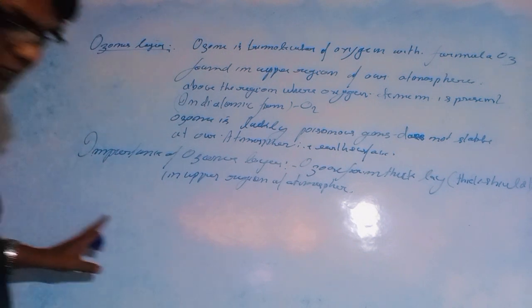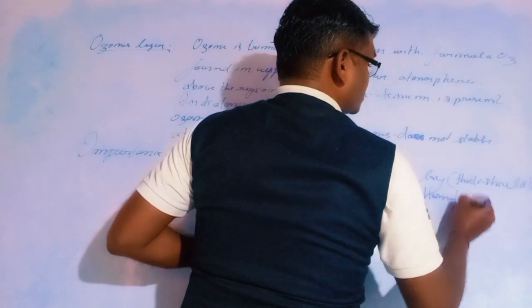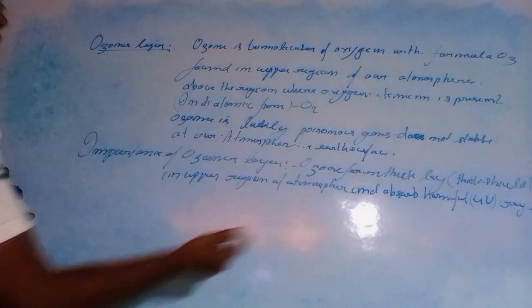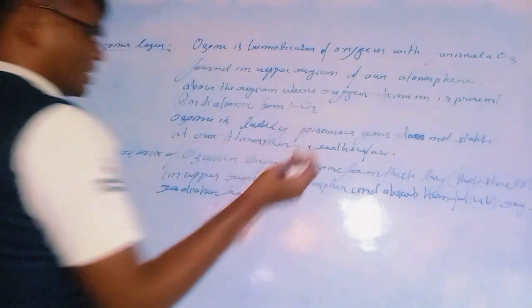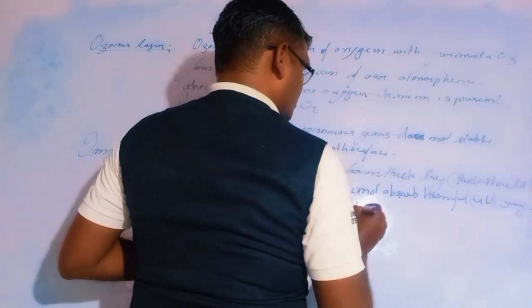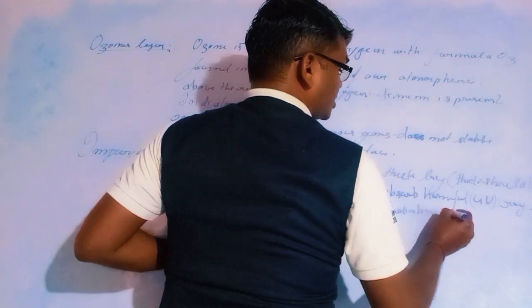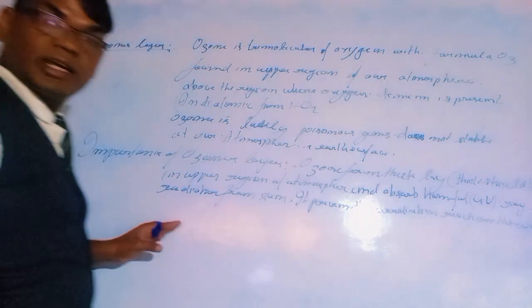So the atmosphere absorbs these harmful UV rays from the sun. The sun emits such radiation, and the ozone layer prevents it from reaching the earth's surface, because it is poisonous and very harmful.